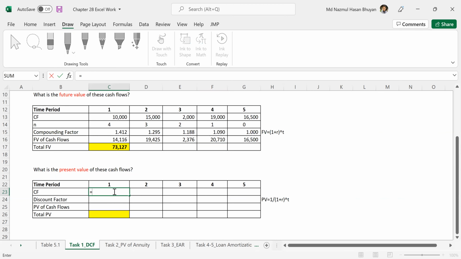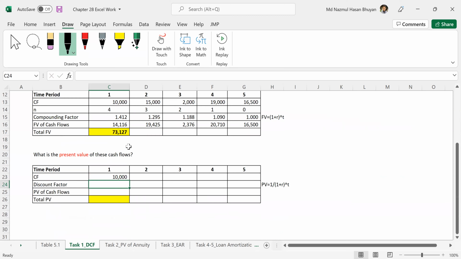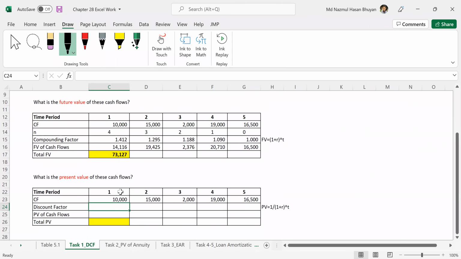Before we start, let us just copy the cash flow information from our question. Now we are going to calculate our discount factor.